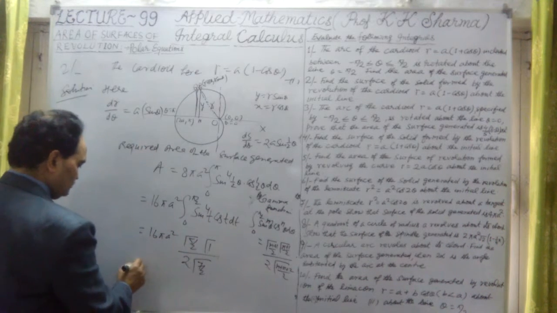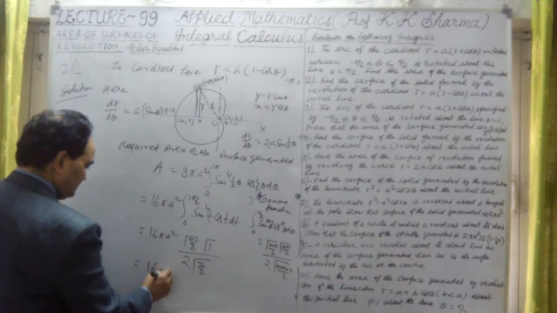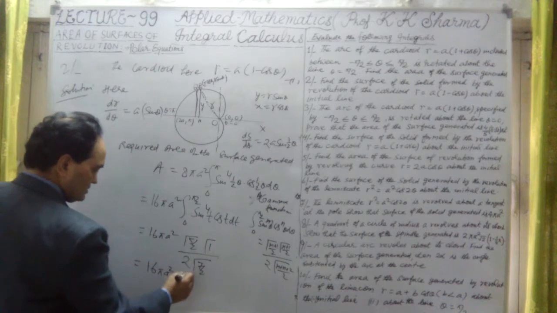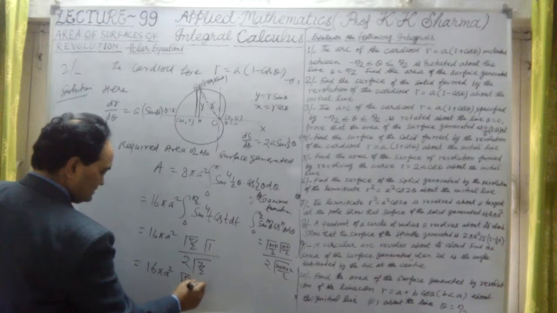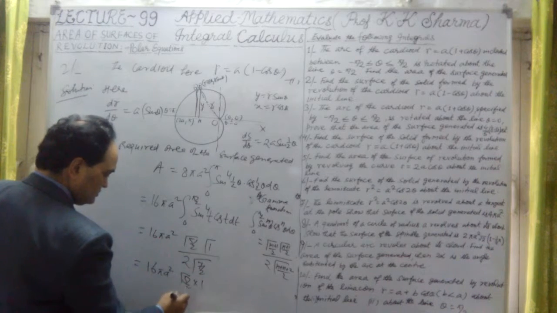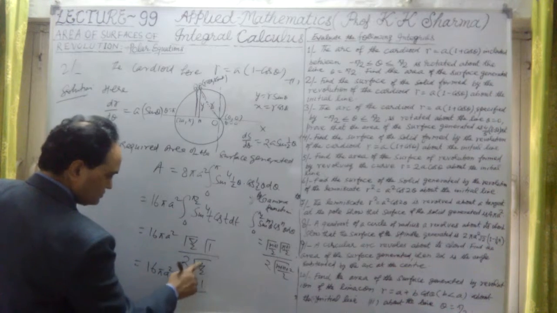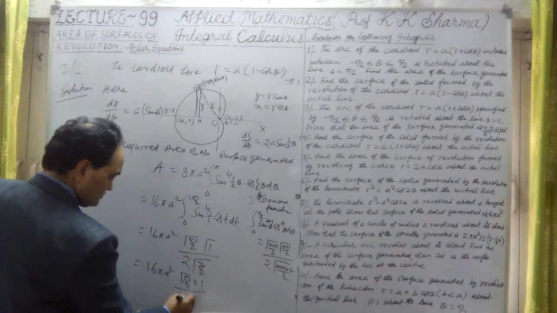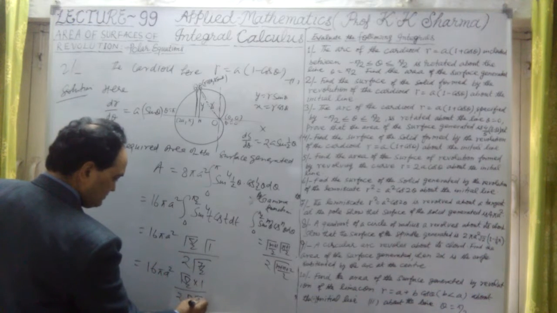Now we can resolve it further. 16 pi a square gamma 5 by 2, gamma 1 is 1, upon 2 into gamma 7 by 2, which is 5 by 2 into gamma 5 by 2.